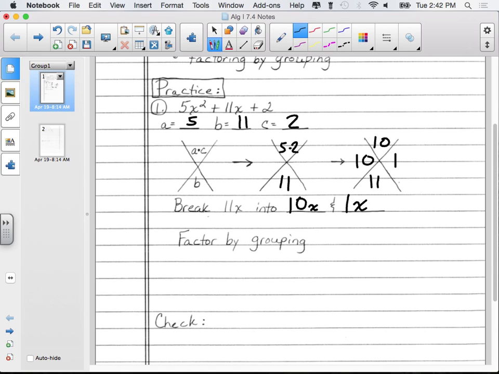So if you look at what we started, 5x squared plus 11x plus 2, that 11x, we're just breaking that up into two pieces. And we use the diamond method to figure out what two numbers we use for those pieces. So if we rewrite this with our broken up pieces, this can be renamed as 5x squared plus 10x plus 1x plus 2.